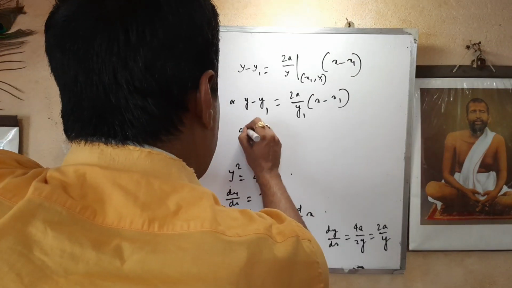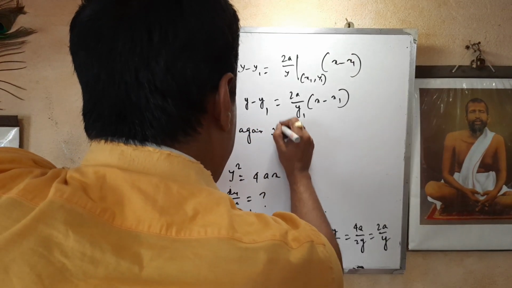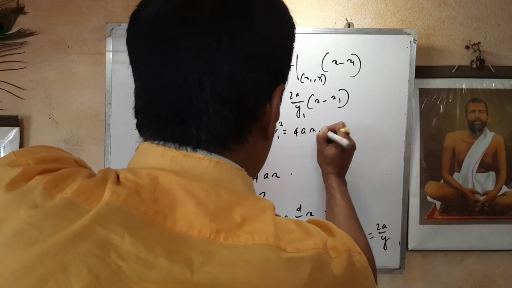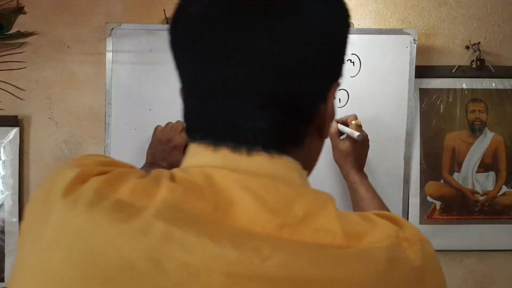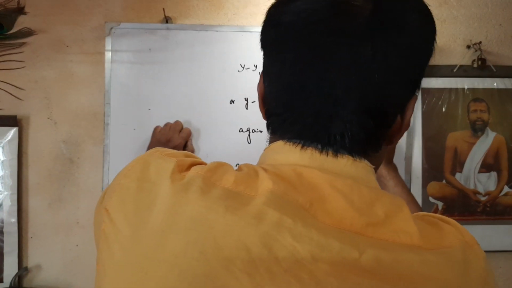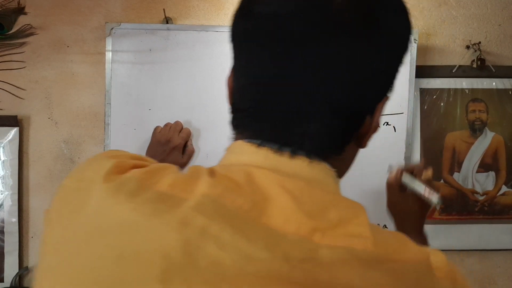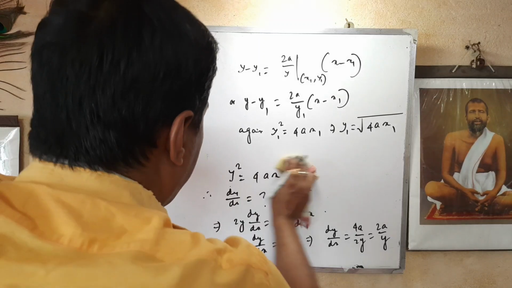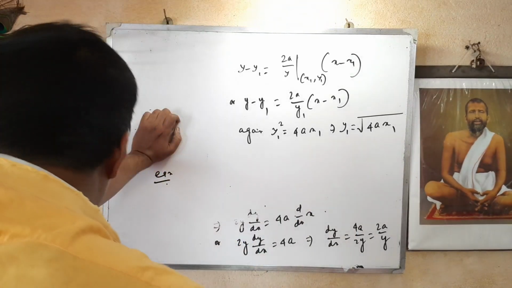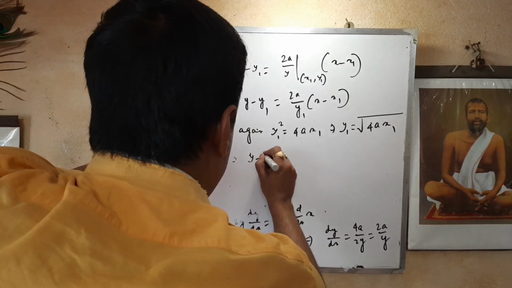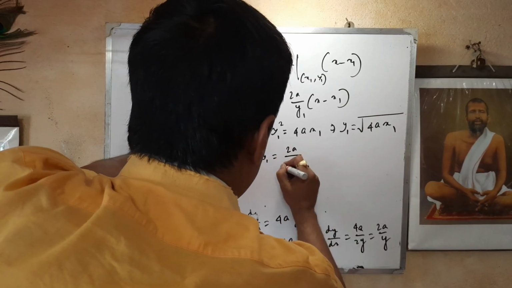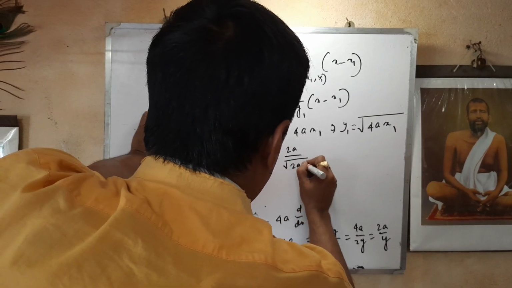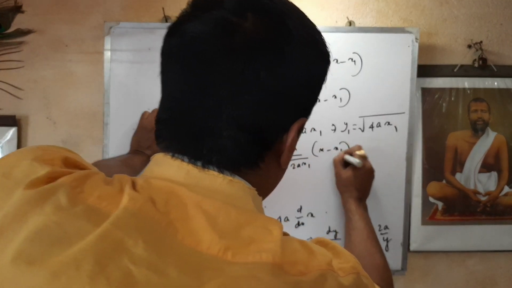Again, you can substitute for y1 as root of 4a x1, so it will be y minus y1 equals 2a by root of 4a x1 into x minus x1.